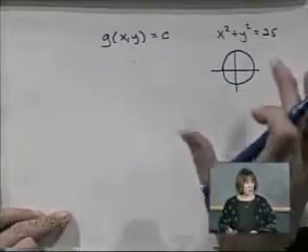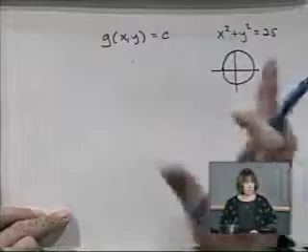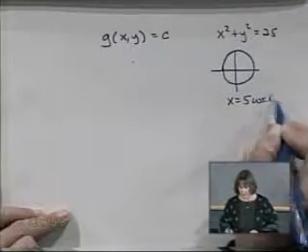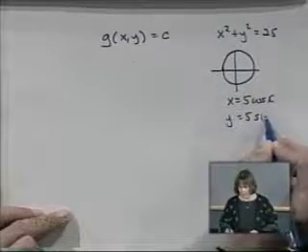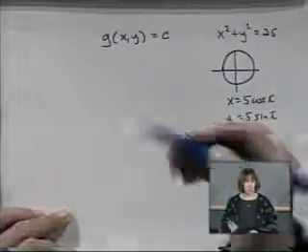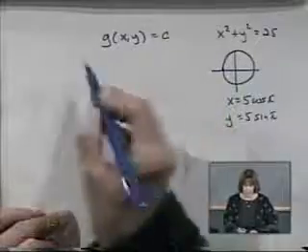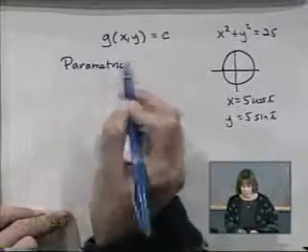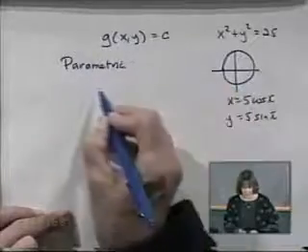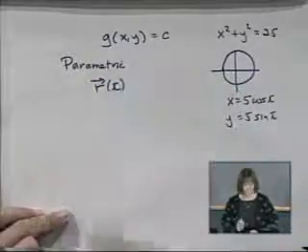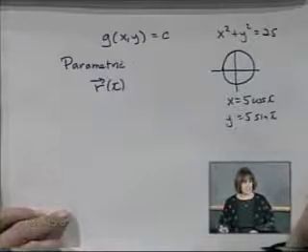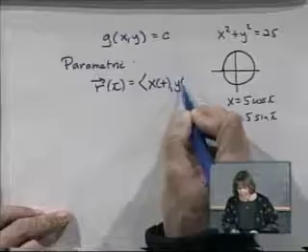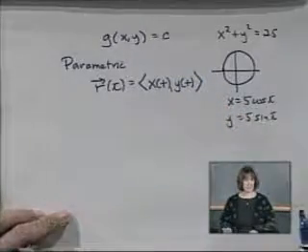We learned that there are ways to get a parametric representation for that curve. In this case, we could let x equal 5 cosine t, y equal 5 sine t. In general, let's say a parametric representation for the curve g of x, y equals a constant is r of t, where the x component is x of t and the y component is y of t.